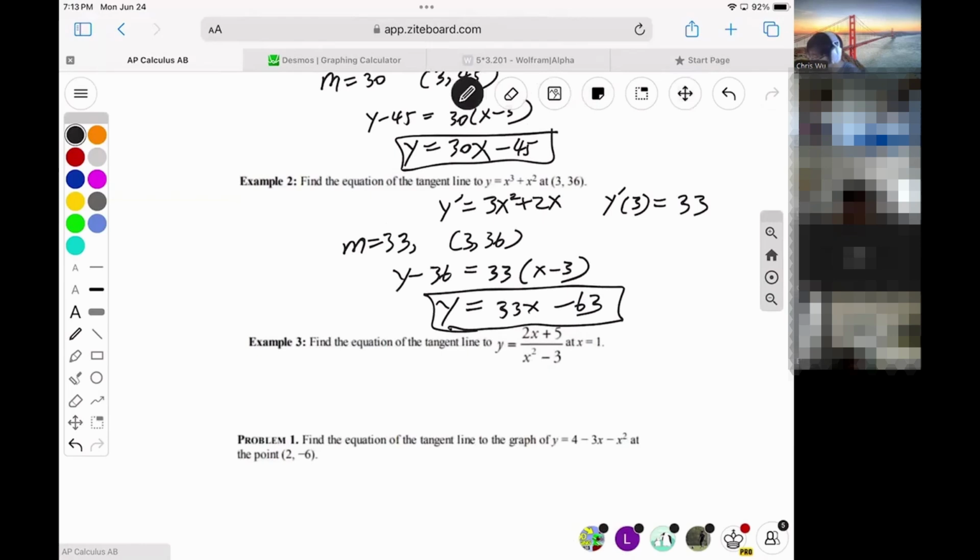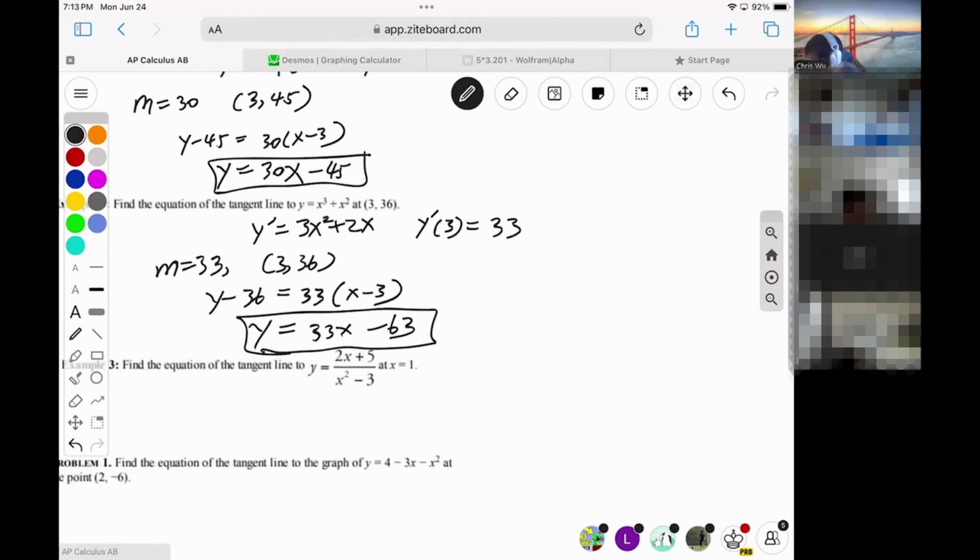Now, find the equation of the tangent line to this particular problem. Well, we have to do the quotient rule. So again, u equals 2x plus 5, u prime is 2, v is x squared minus 3, v prime is 2x, and vu prime minus uv prime over v squared.